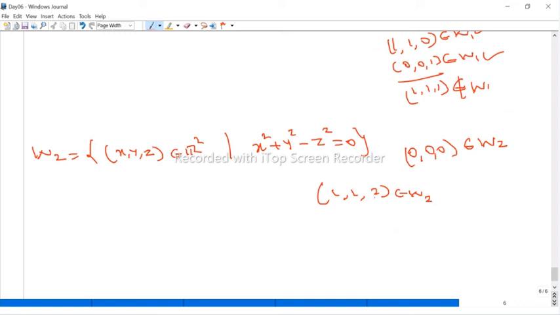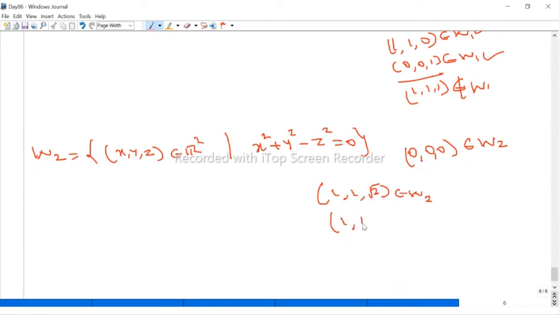Suppose I am taking root 2, okay, because everything is a real number. So 1 square plus 1 square is 2, minus root 2 square, which is 2. 2 minus 2 is 0. Therefore, (1, 1, root 2) is an element of this set. Got it?